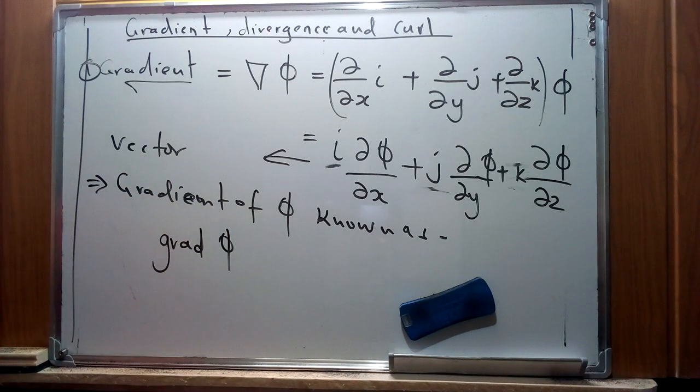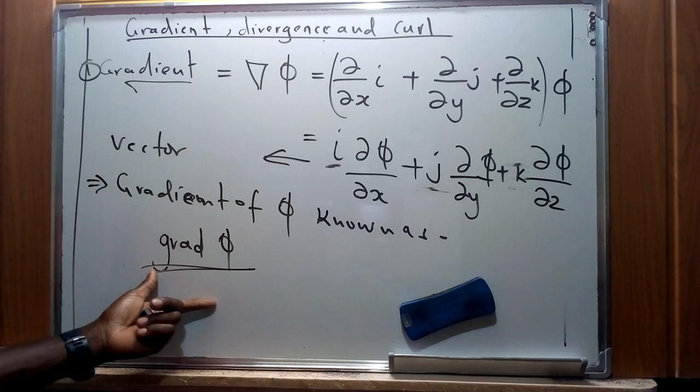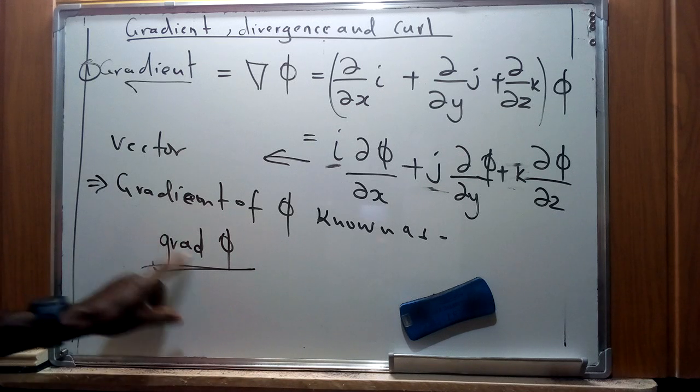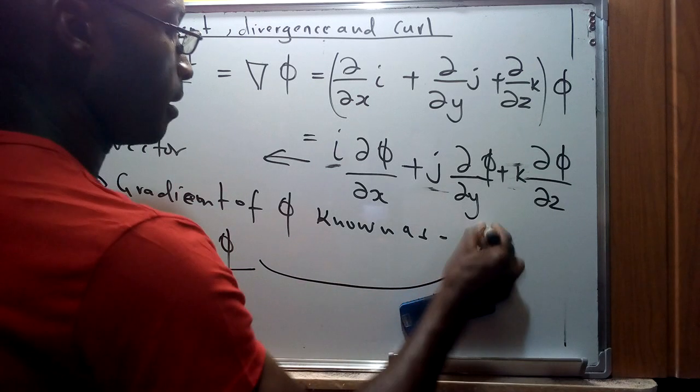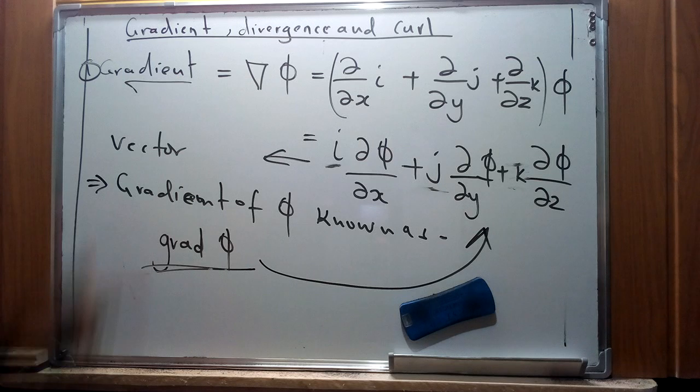So in any of our work under vector analysis or vector calculus, grad phi implies this specific representation that represents the gradient of this specific quantity that we've referred to. So basically this is how we can represent a gradient.